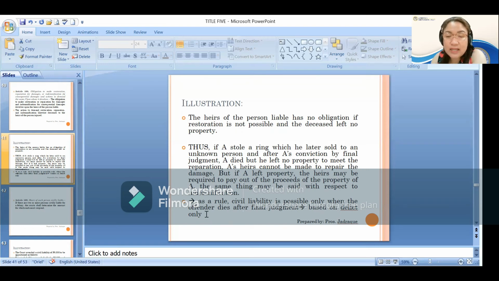Why based on delict only? Because remember we have the exceptions. Example, you have the independent civil action. If you have other causes of action which you can claim and support your cause of action other than the delict itself, like the Civil Code of the Philippines, it could be through a contract.